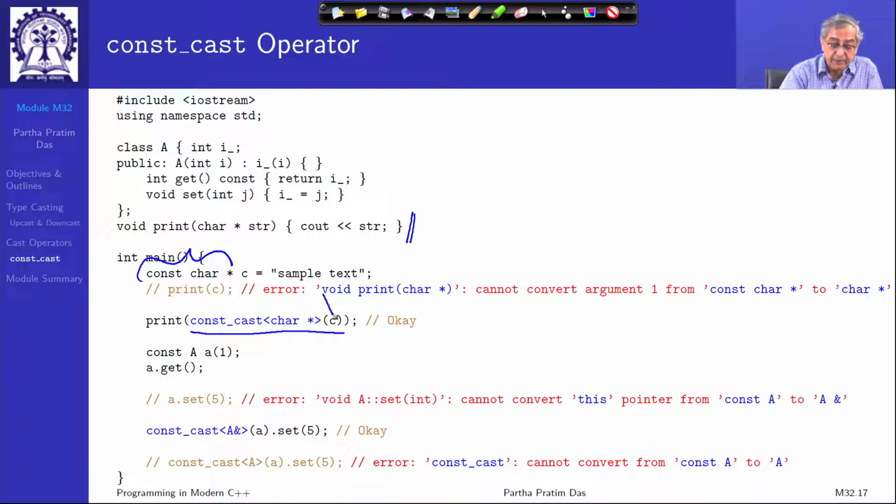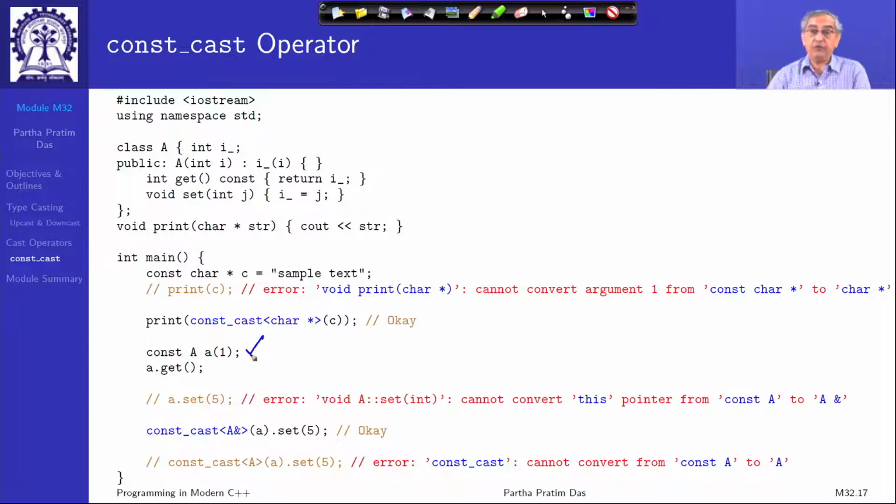So, the source type is const char star. What is the target type? I have given char star. So, the const is gone. The resultant expression is only char star, which matches the formal parameter type of print, and everything is okay. That is the basic purpose.